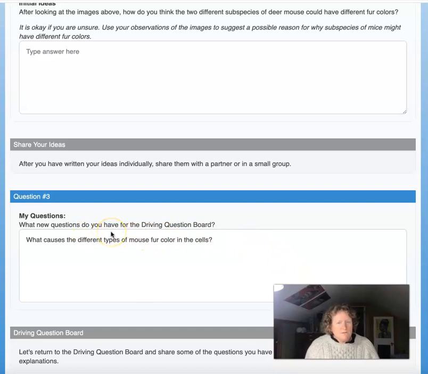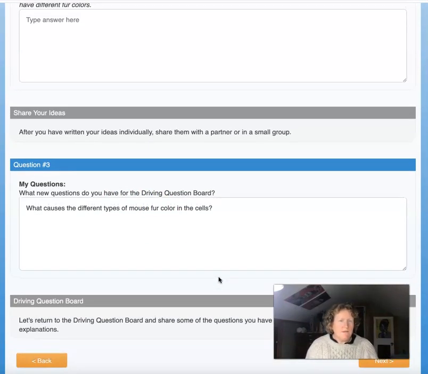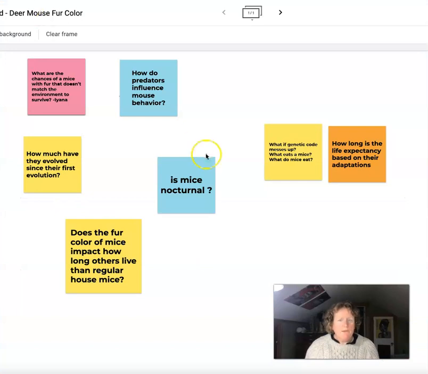What new questions do you have for the driving question board? We talked about the driving question board in Lesson 1.1 and 1.2. What do you want to add to that driving question board? Here's our driving question board so far. Are mice nocturnal? What's their life expectancy? Does the fur color affect how long they're going to live?